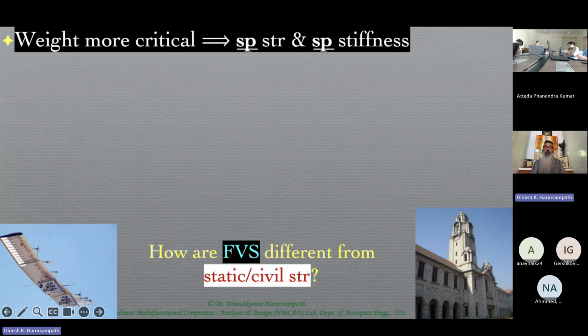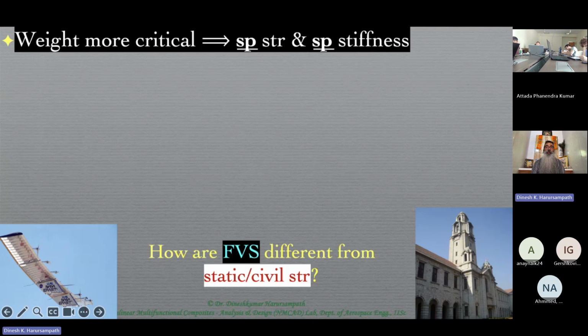So this would be E by rho, whereas this would be, let's say, sigma y by rho, which is the yield strength divided by the density, or it could be the ultimate strength, which is sigma u divided by rho. We need to qualify that as far as the strength is concerned, whether it is specific yield strength or specific ultimate strength, in order to make that distinction.